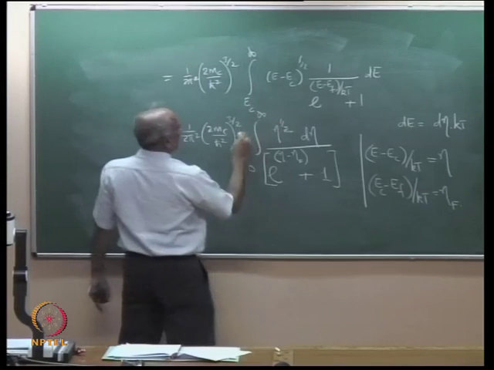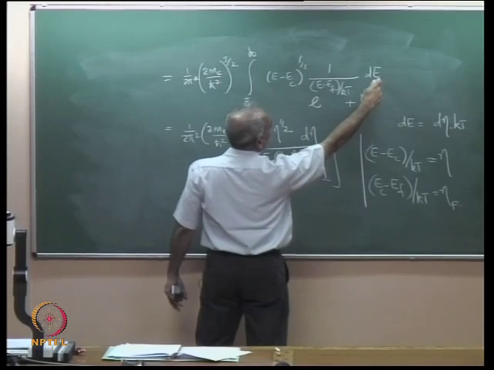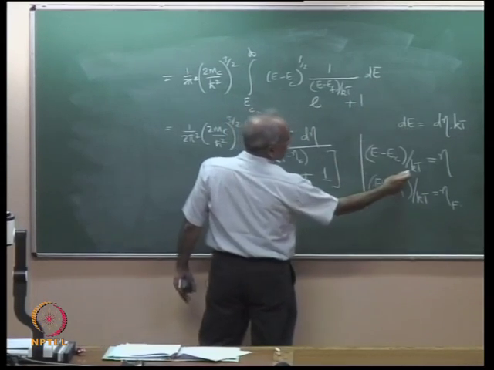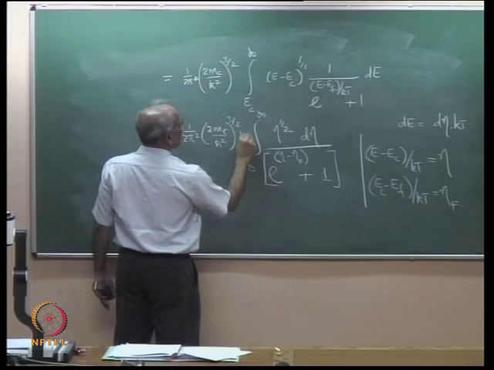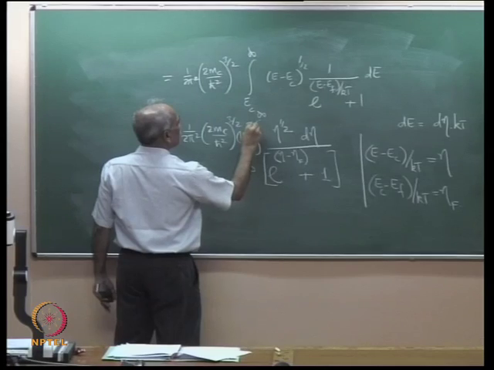And outside you will have one kT coming from here and one root kT coming from this, so you will have kT to the power 3 by 2. Please do this substitution and see.